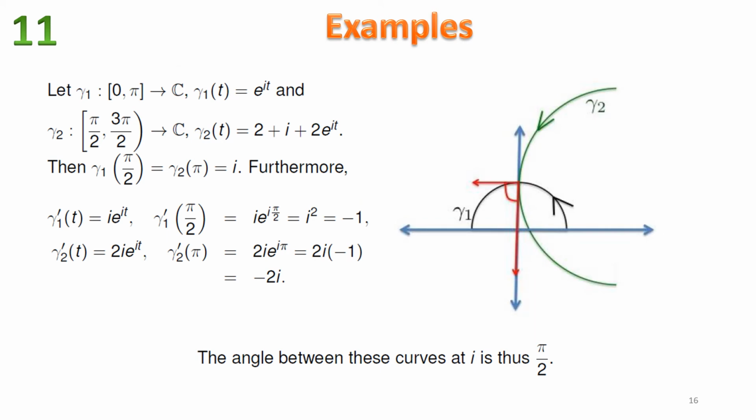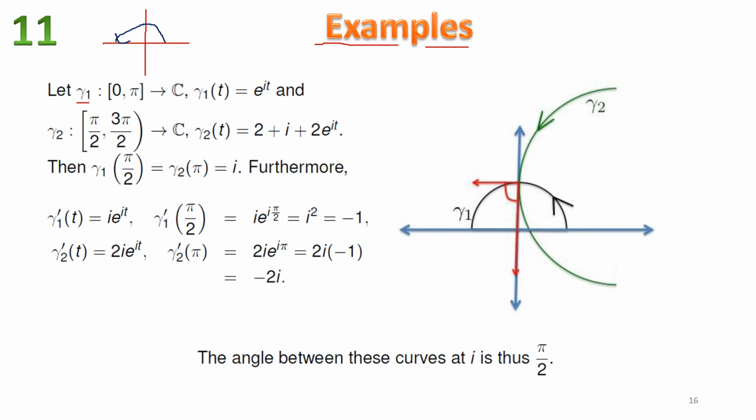Now let us deal with this example. Herein we are going to consider two curves gamma 1 and gamma 2 and try hands-on to find the angle between these two curves. Let us suppose that for gamma 1 we are considering the range from 0 to pi. It means that in the complex plane we have to identify the argument, and that argument 0 to pi goes this way. For the curve gamma 2 we have pi by 2 to 3 pi by 2.